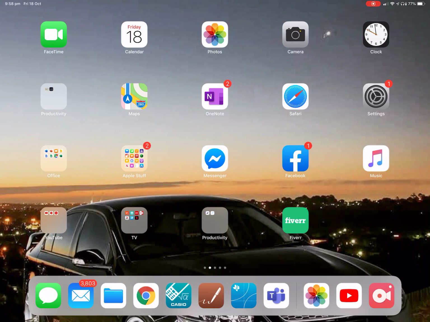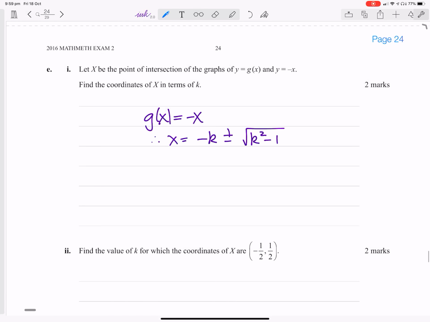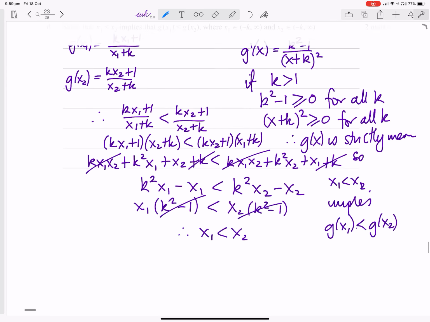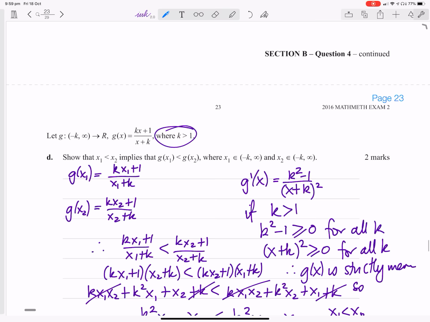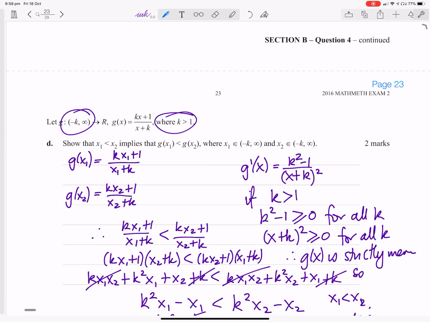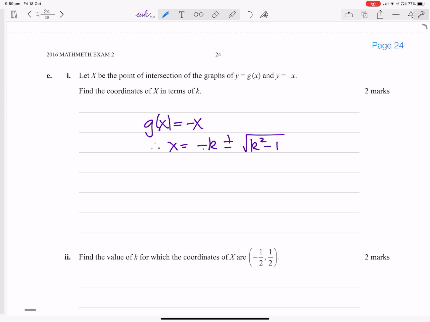Because the domain of g is from negative k to infinity, it can't be the negative one because then it would make it go the wrong way.